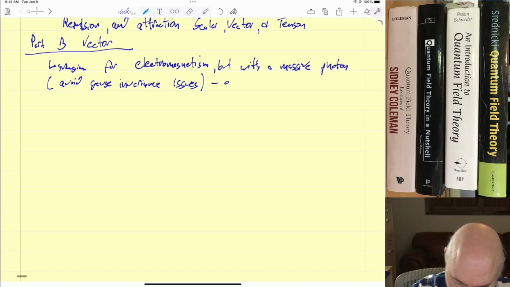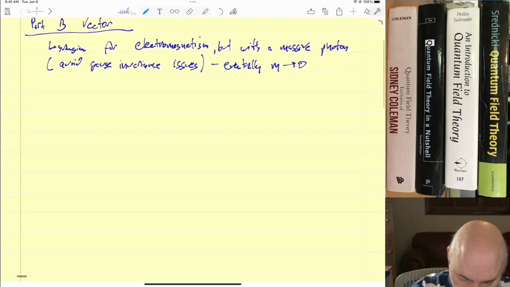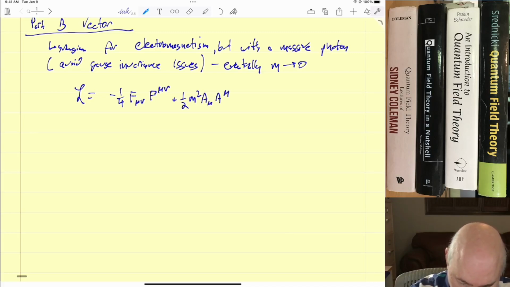Eventually M will go to 0. We'll see if we get a good theory. So our Lagrangian is -1/4 F_{mu nu} squared plus 1/2 M squared A_mu squared plus A_mu J^mu.